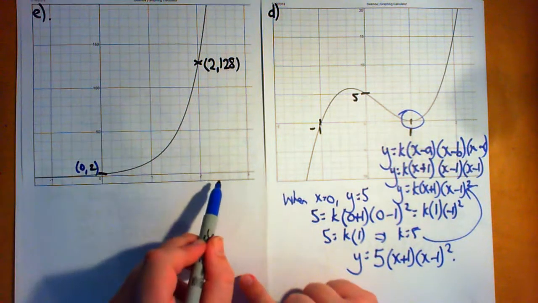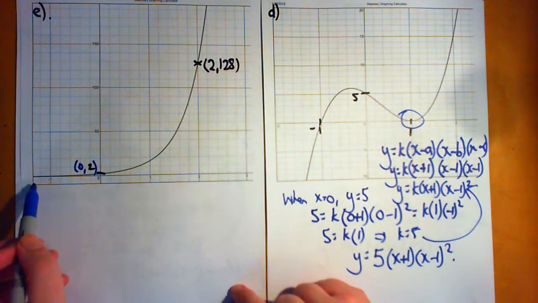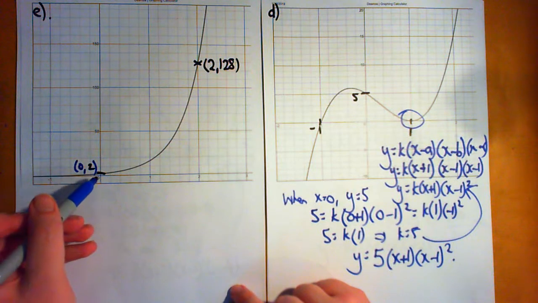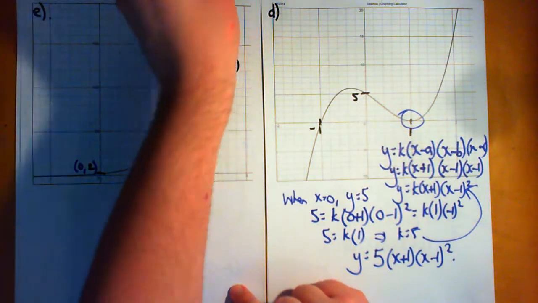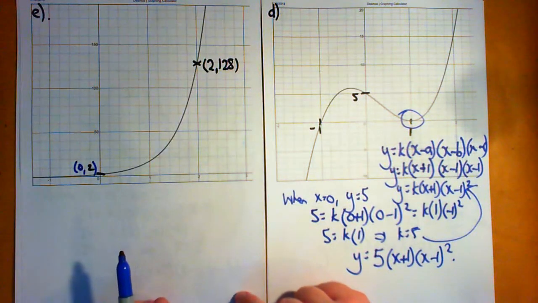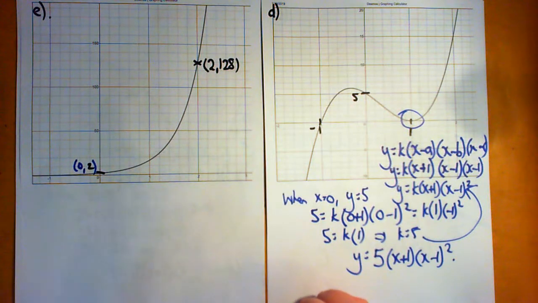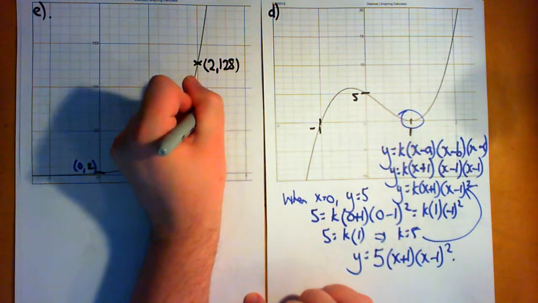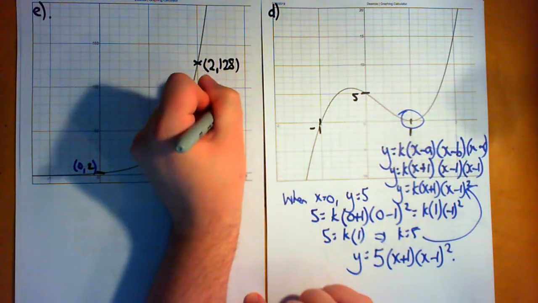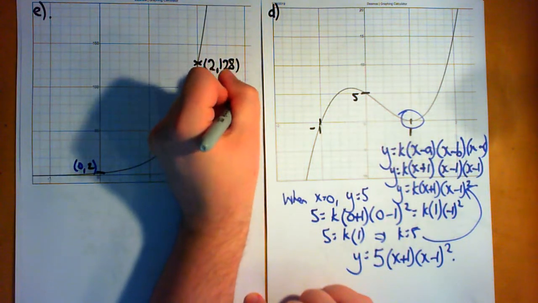This has a horizontal line that it never crosses, and the y value keeps on getting bigger and bigger, so this keeps on getting steeper and steeper. This is an exponential graph which has the form y equals a e to the kx.